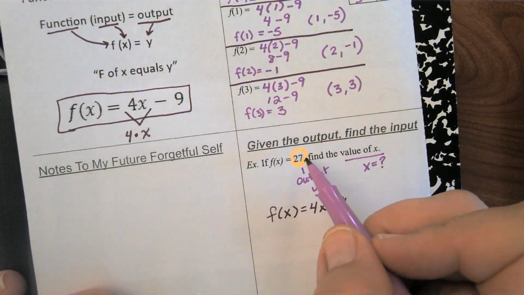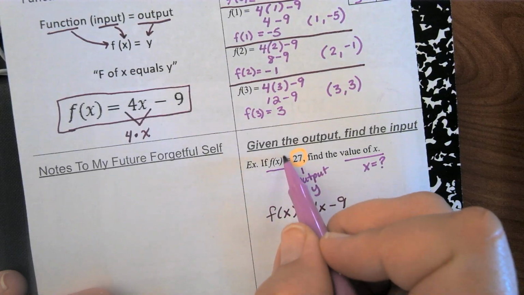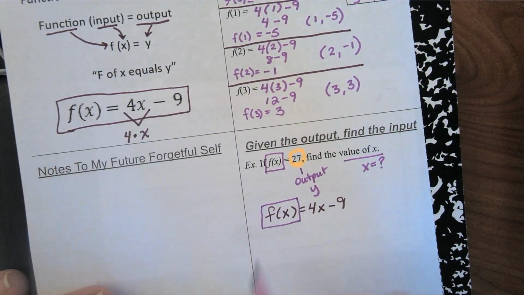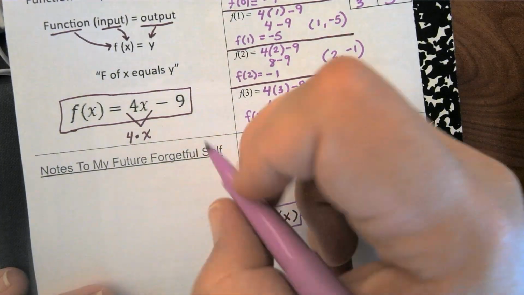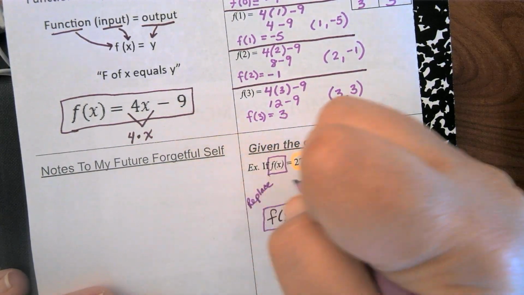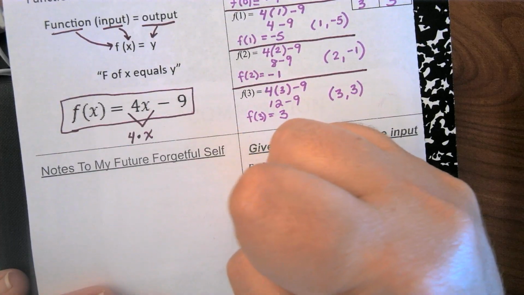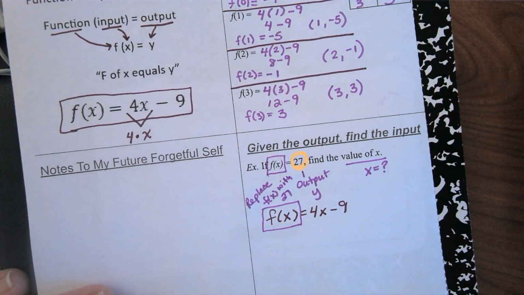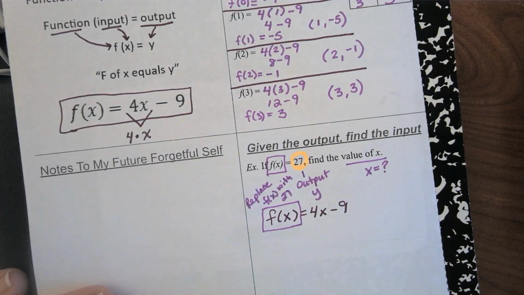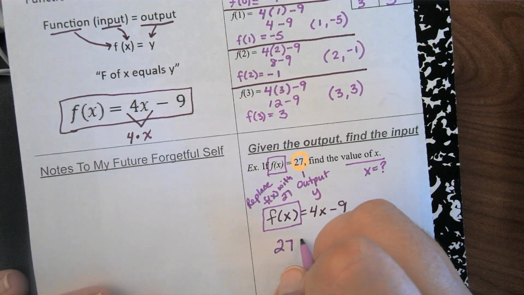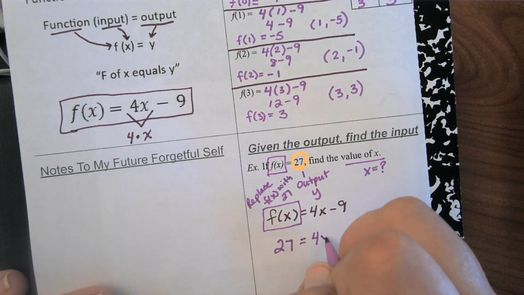This 27 is equal to f of x. In our equation, this side of the equation is f of x. So what we can do is replace f of x with 27. So this side of the equation will now be a 27, and that will be equal to 4x minus 9.